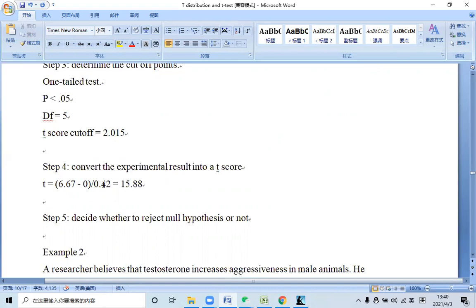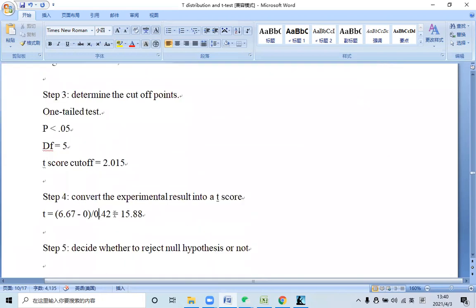And you divide by the standard deviation. Oh, I got a typo here, so it should be divided by 0.43 rather than 0.42. Let me do that again. 6.67 divided by 0.43 is 15.51. Still really large. That is your t-value.